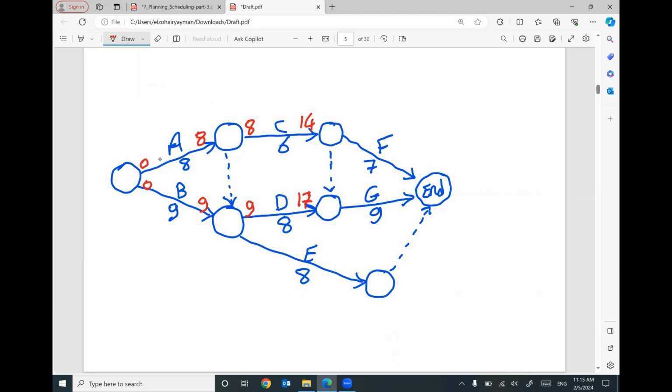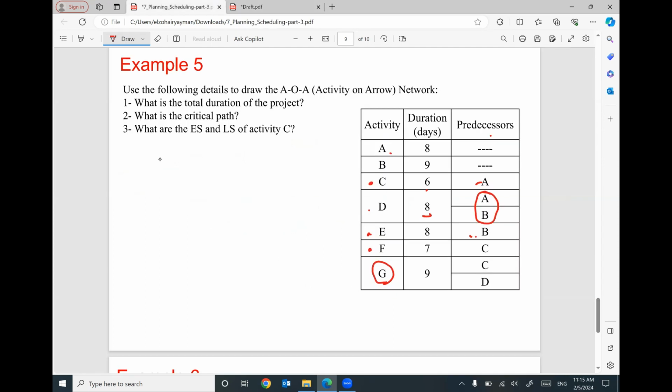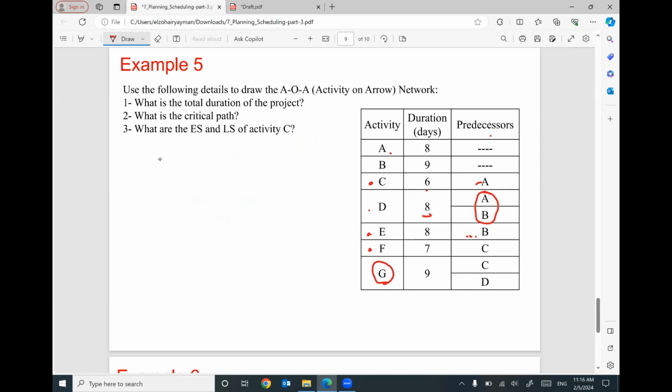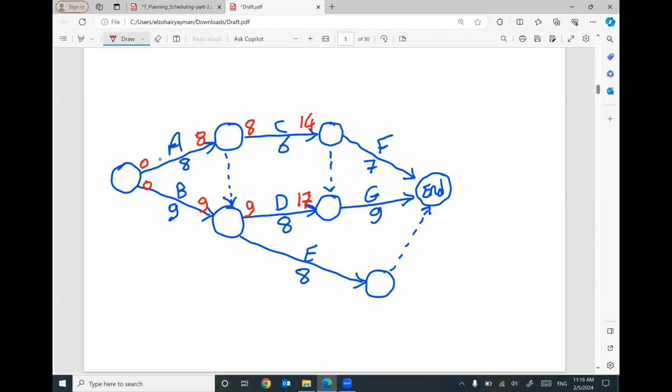Activity E has a predecessor, I think E has a predecessor B. But based on this network, we have also A, which is not correct. Based on this network, E has a predecessor A and B, both of them. And D has a predecessor A and B. That makes sense.